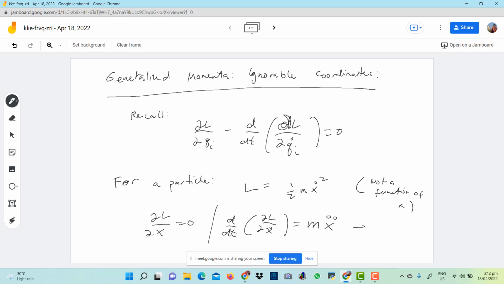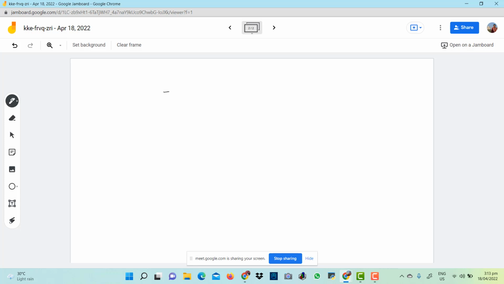Or you can write this as d dt of m x dot. Okay? And then if you substitute this to our Euler-Lagrange, it becomes minus d dt of m x dot equal to 0. And in this case, this m x dot is actually our momentum, right?